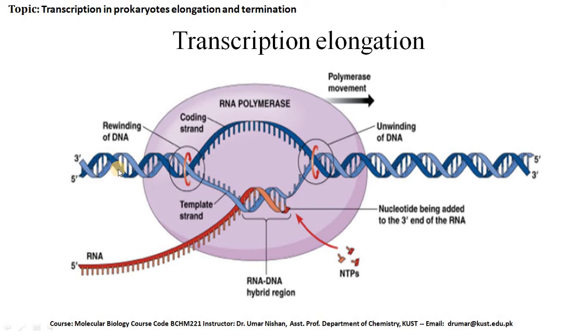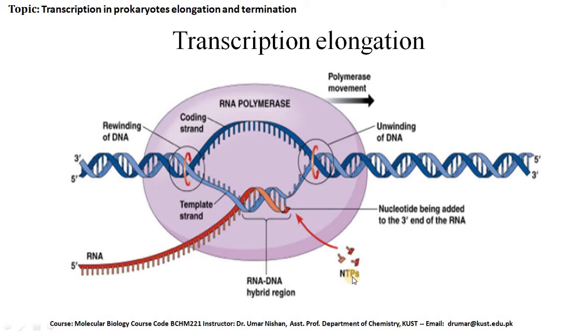Once the transcription of this part has taken place, you see the reformation of the double helix of the DNA as the RNA polymerase moves ahead. It continues to transcribe.